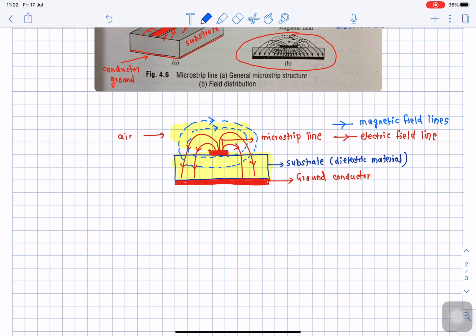So the effective dielectric constant of the substrate material is going to change, and because of this change, the propagation will no longer remain pure transverse electromagnetic. It will become either TE mode or TM mode.